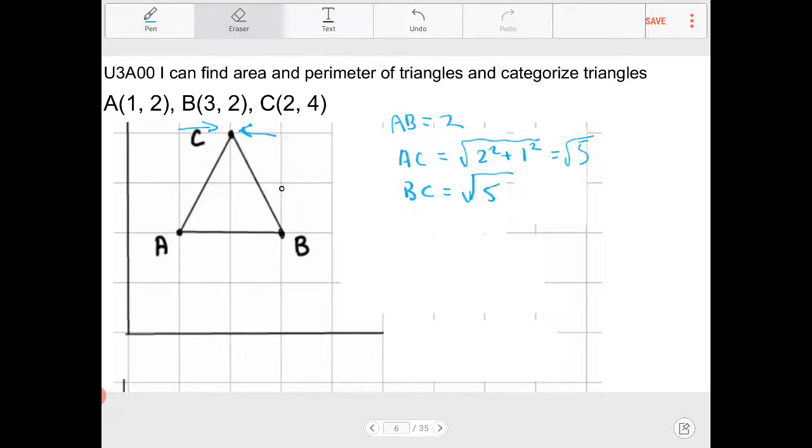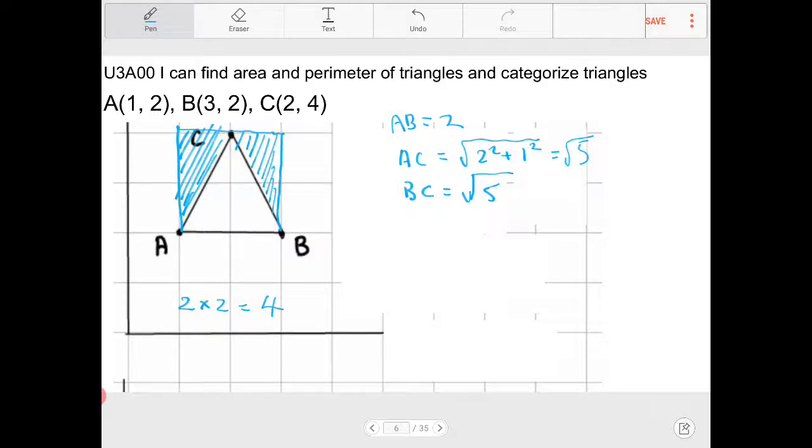The best thing to do is I'm going to show you another technique rather than using the area of a triangle formula. We can find the area of this box. The area of the box is 2 by 2, which is 4. Then we find the area of not the triangle, but the triangles that surround it. You may think this looks like an overly complicated process, but believe me, this process proves to be useful again and again and again.